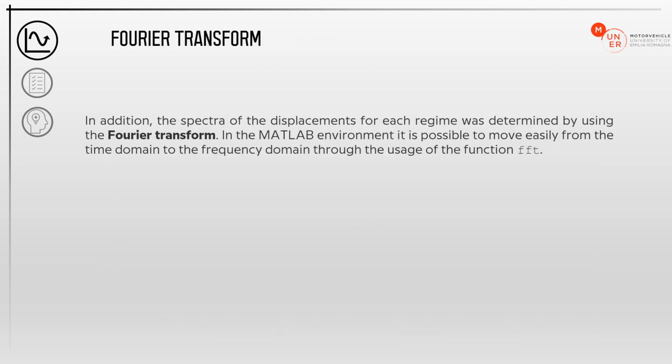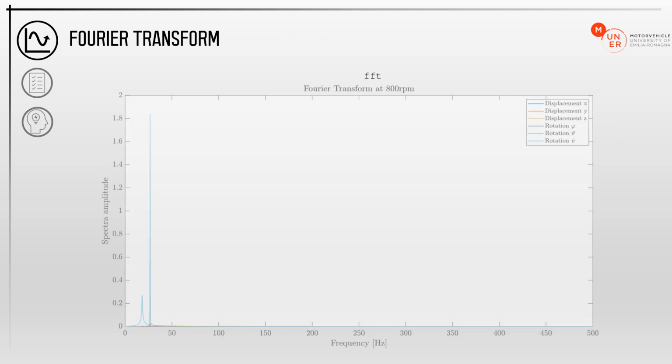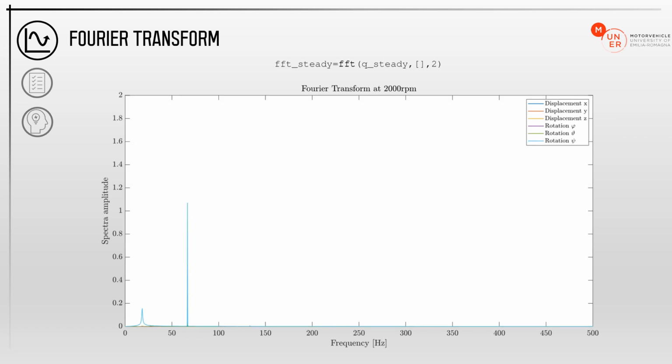So we are moving to the end of the presentation. This is the Fourier transform of the displacements at the idle regime. This is for the resonance regime, and this is for the maximum regime. There is only a peak in correspondence to the second engine order, because we have a second engine order excitation.